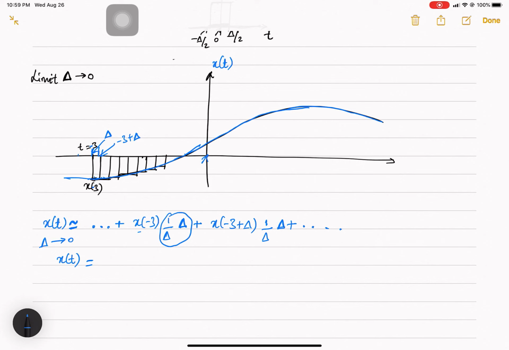When you multiply by x of minus 3, the strength of the whole impulse will become equal to x of minus 3. Similarly it will be x of minus 3 plus delta, x of minus 3 plus 2 delta, x of minus 3 plus 3 delta, so on and so forth, whatever the value of x at those points will be.